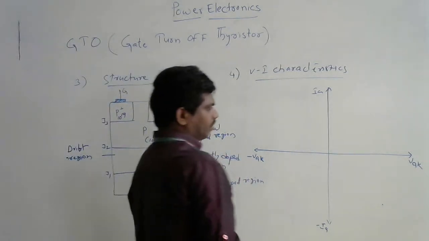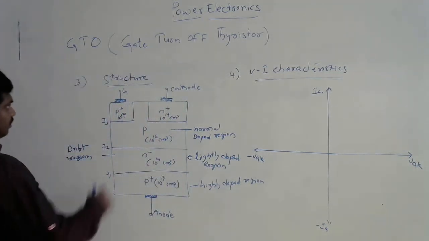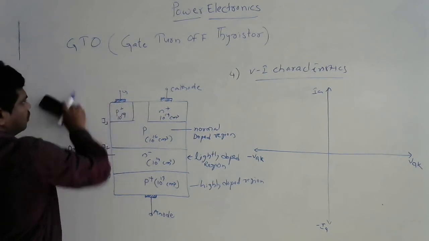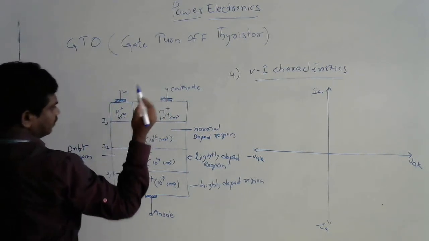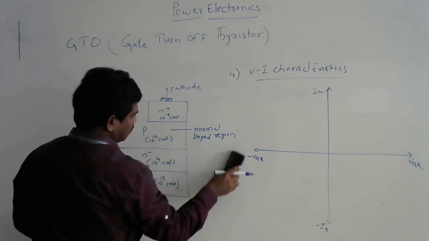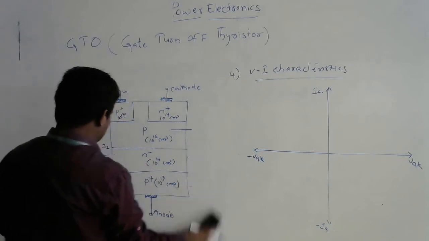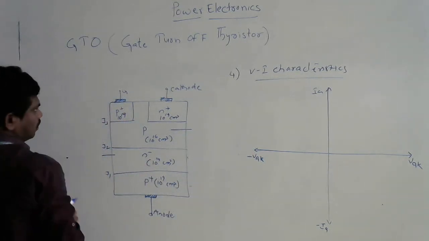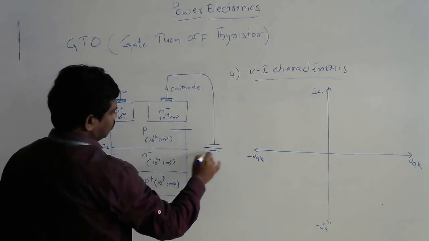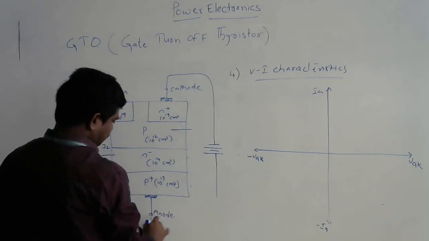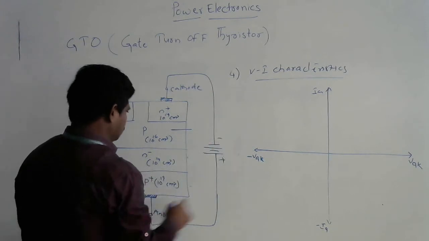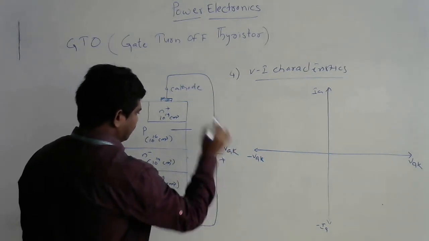Okay, look at the connection. Use the same structure here. When you connect negative to the cathode of the device, the positive of the battery is connected to the anode of the device. This is what I am calling VAK.